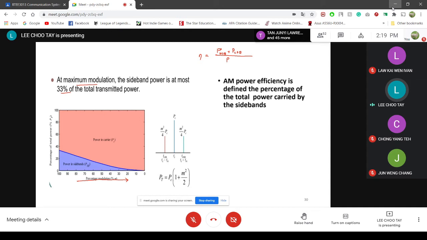Very low efficiency, 15% only. Even 33% is considered quite low, one third. So that is the problem with the double sideband full carrier signal. Efficiency is rather low.